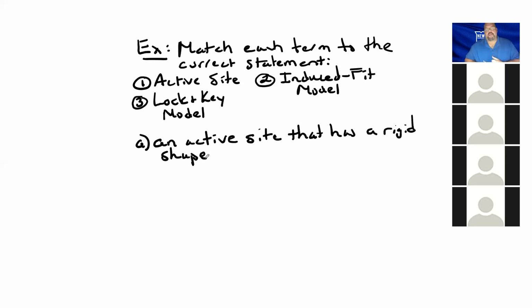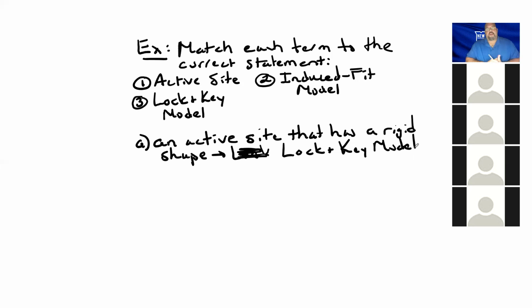So what they're talking about here is distinguishing between the induced fit model of enzyme substrate binding and the lock and key model of enzyme substrate binding. The model of enzyme substrate binding that talks about the active site having a rigid, non-flexible shape is, of course, the lock and key model.